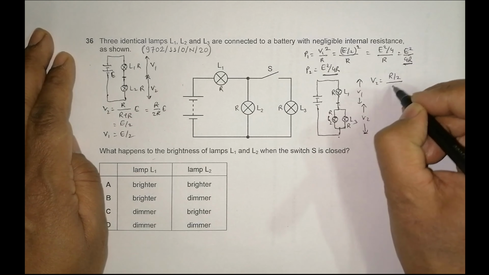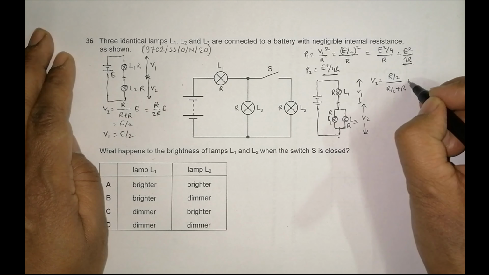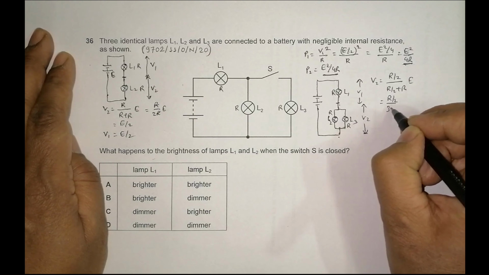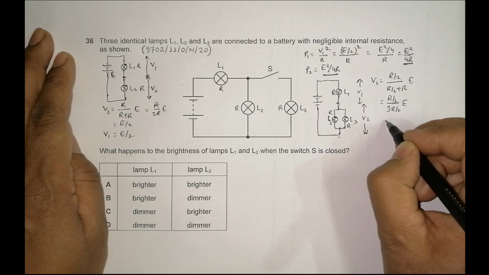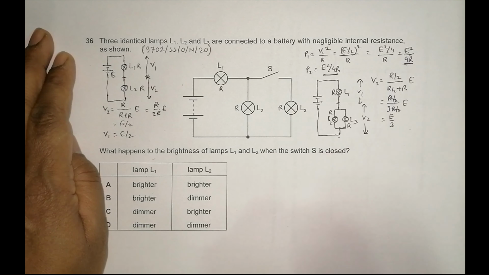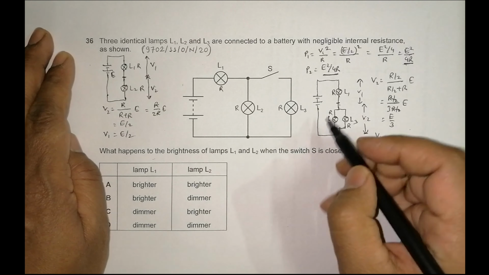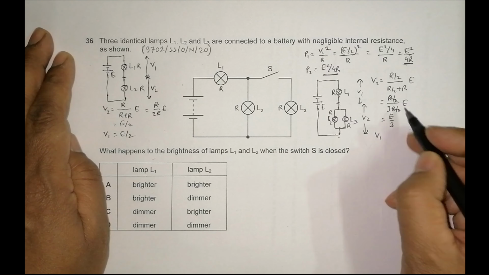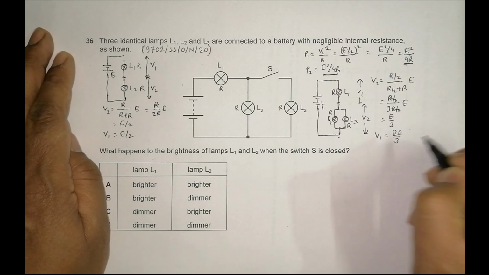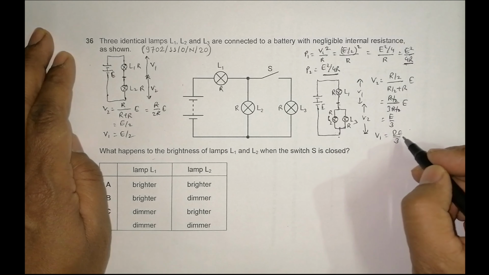So it is R by 2 first, then R by 2 plus R. R by 2 is this resistance, R is this resistance, into this E, equal to R by 2 over 3R by 2, and then E. So R by 2 and R by 2 are gone, only 3 here. So it is E by 3. V2 equal to E by 3. So if V2 equals E by 3, then V1 should be equal to, since the total is E, and this is E by 3, it should be equal to 2E by 3. I can just know it by general discussion, or I can determine the value as well. Anyhow, it will be 2E by 3.